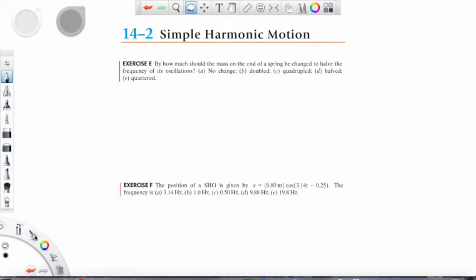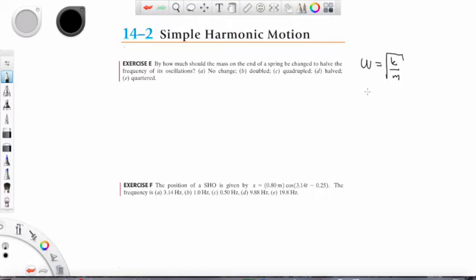As usual, we will have a couple of exercises from the book. Before we get started, let's put down the most important results, what I just showed. The angular frequency of simple harmonic motion is square root of k over m.